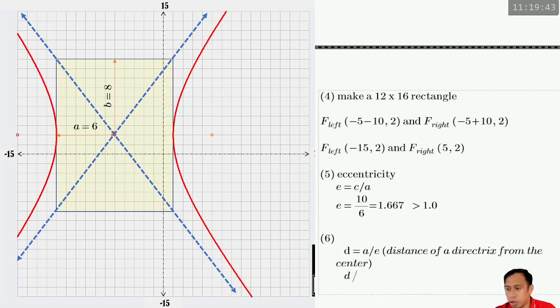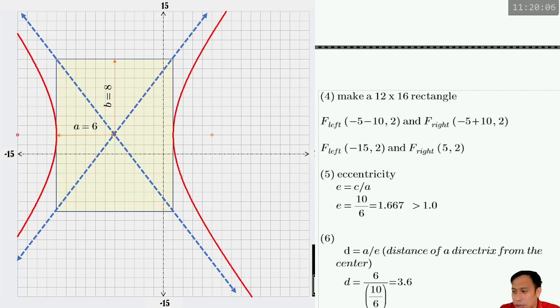So, solving for D, it's equal to 6 over 1.67 or 10 over 6. That's equal to 3.6. Ibig sabihin niyan, distance between directrices is equal to twice of 3.6. Or that is equal to 7.2.